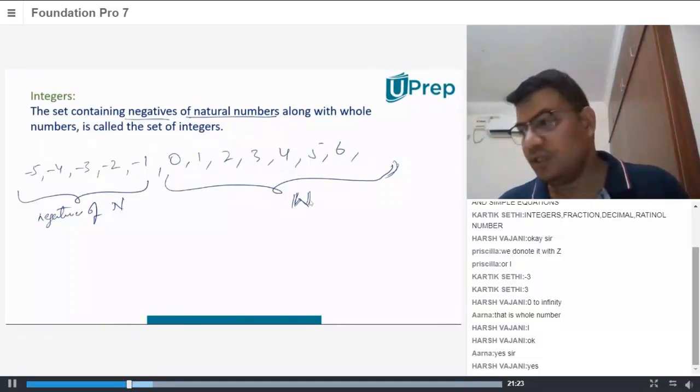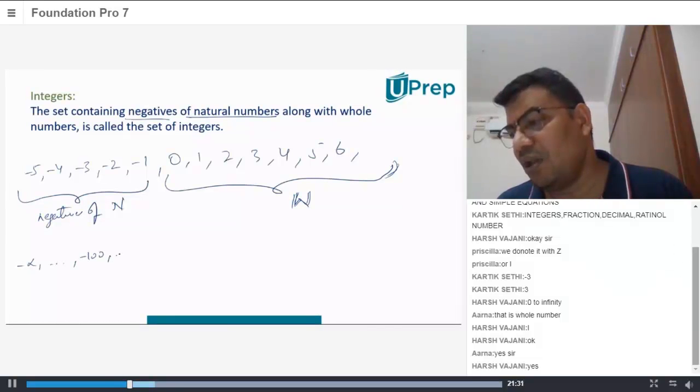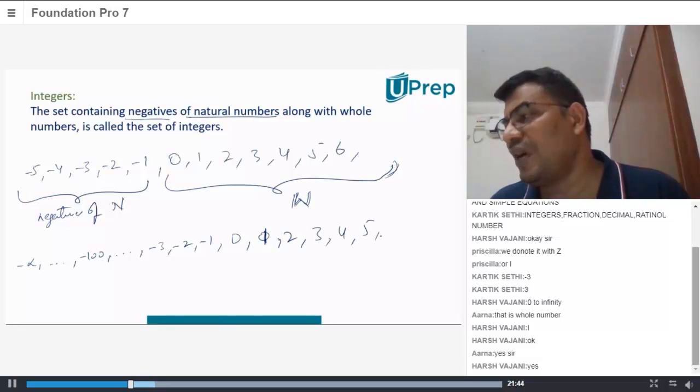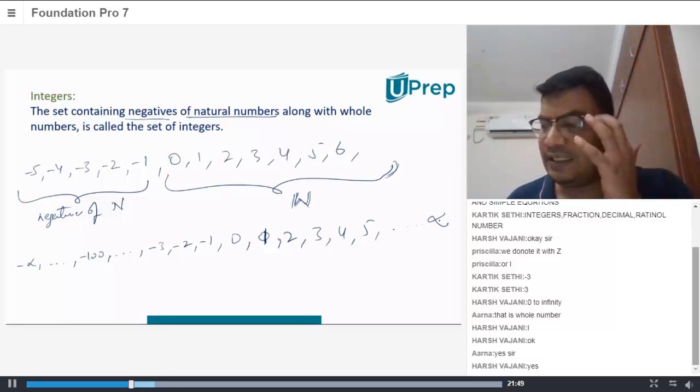Your integers start from minus infinity, so on, -100, all that. Let me show you -3, -2, -1, 0, 1, 2, 3, 4, 5, and so on till infinity. All these are integers.